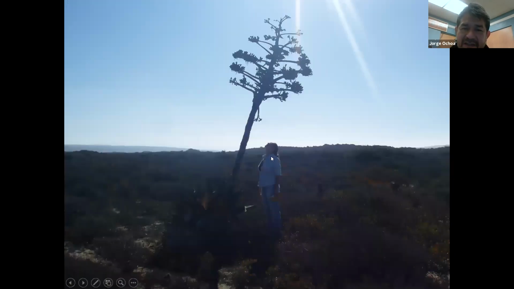And so here's the native Agave shawii, and this would be the agave that you would find in the coastal area. So if there was a California coastal agave, it's Agave shawii. Now, it's native to Baja California, and it did make a natural distribution into San Diego County just north of the border.